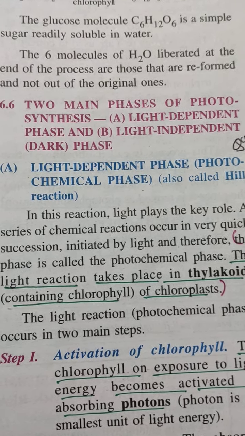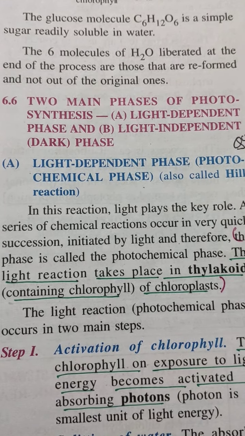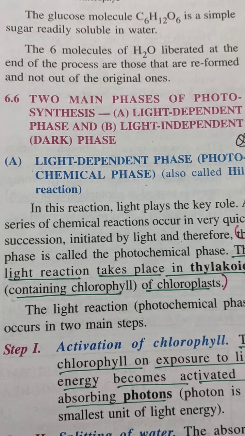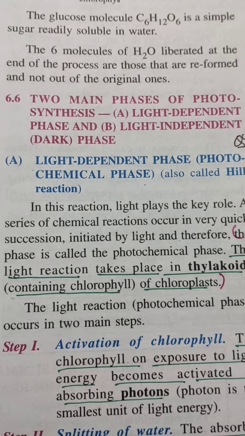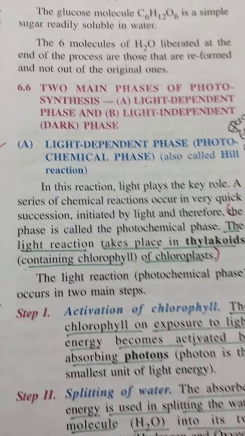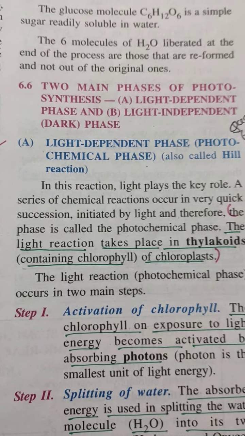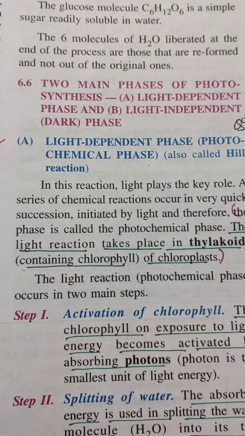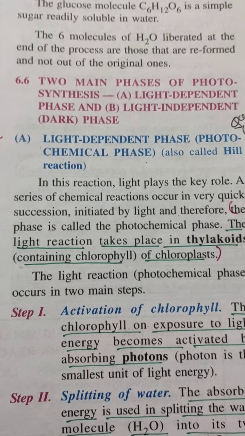The light dependent phase has another name, photochemical phase, also known as Hill's reaction, because Hill was the scientist who discovered it. It is initiated by light, and it takes place in thylakoids.